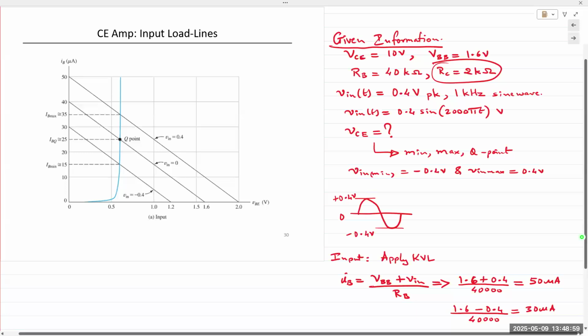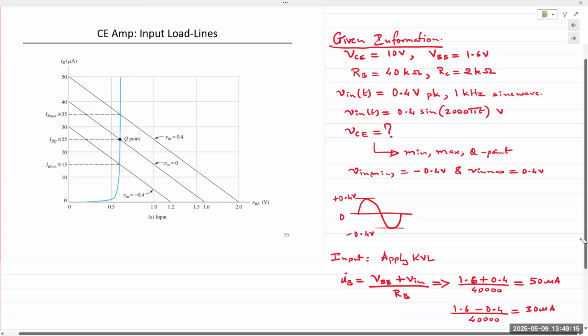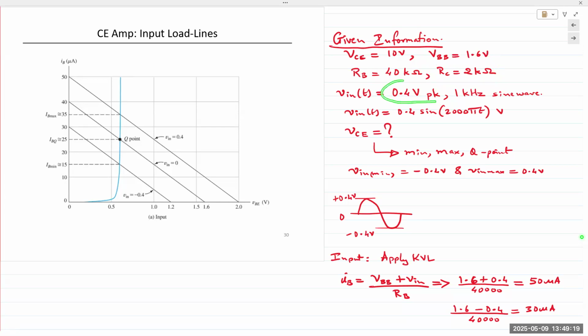As an example, with the previous circuit, if we applied a VCC of 10 volts, VBB of 1.6, RB and RC are given as 40K and 2K. And then V in of t is given to us as 0.4 volts peak and 1 kilohertz frequency.